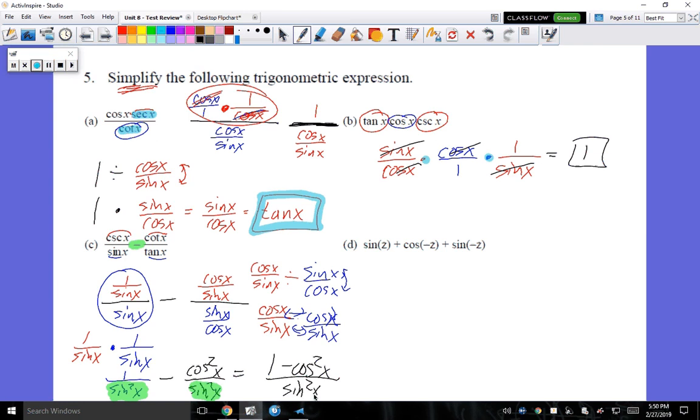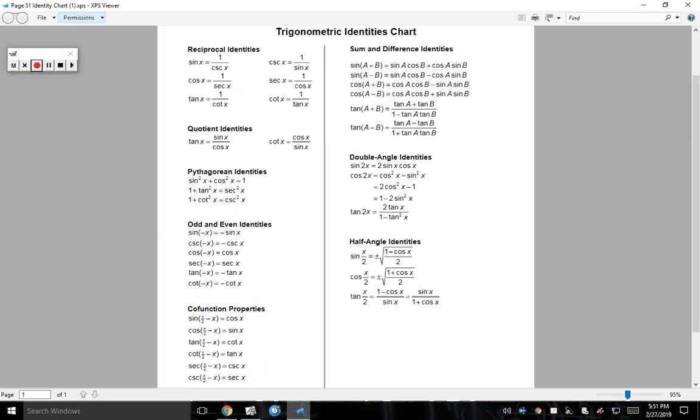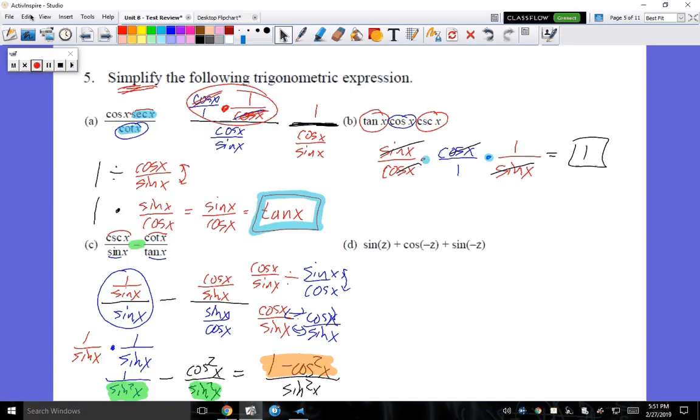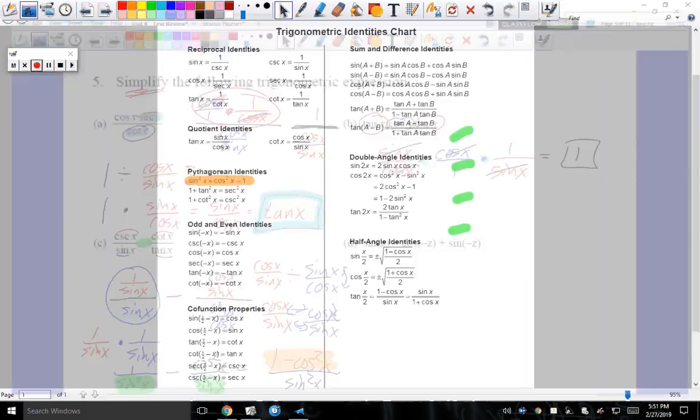Okay? And we know from our identities formula chart that here is a manipulation of this equation. Let me go ahead and bring it back. This one right here. We know sine squared plus cosine squared is 1. So back here I was saying 1 minus cosine squared is something.